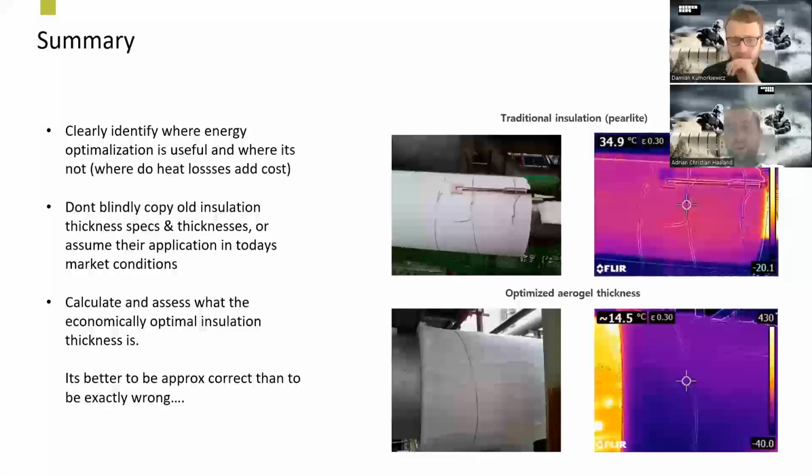every operator has a slightly different experience. As we know, mineral wool, cellular glass, many materials will fall apart if you try to reuse them. And even the reusable materials like aerogels are not easy to reuse because you still have the dust handling issue. You have all the logistics with all the different sheets coming off and how to sort them and put them on right again.